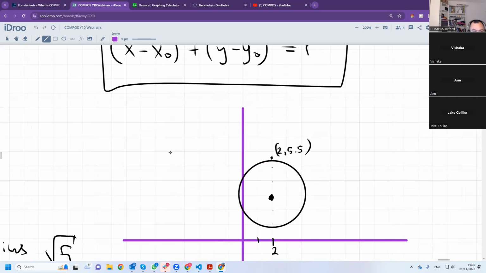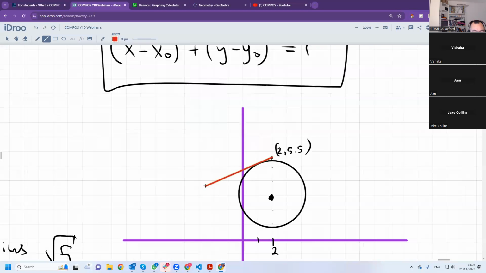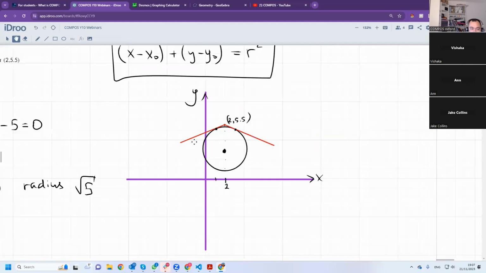Well, it's like we have 2 tangent lines, like this, and like this.